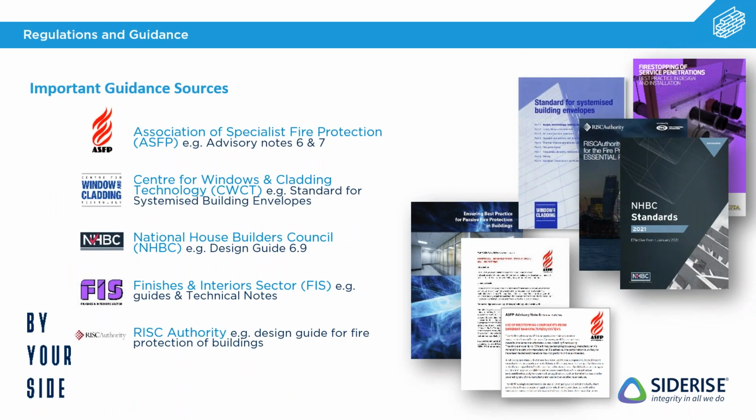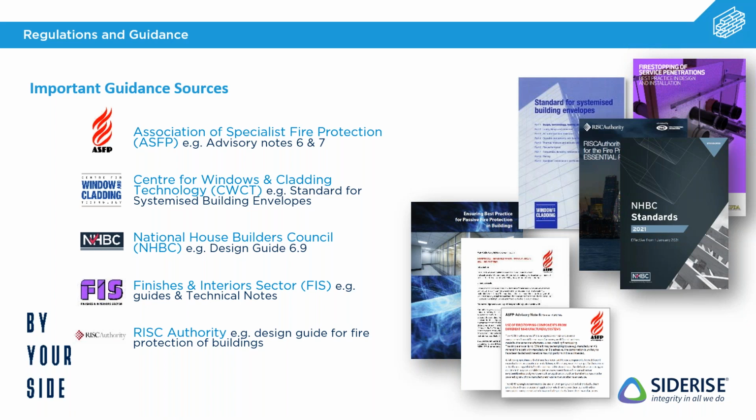Some other sources of important guidance that it's certainly worth being aware of are particularly from bodies such as the Association of Specialist Fire Protection, or the ASFP, that have a lot of advisory notes and guidance documents for best practice, or the safest way to build these buildings. You have the CWCT, again with many standards and advisory notes. There are too many to list ultimately, but a lot of different providers such as the NHBC will have their own design guides and requirements.